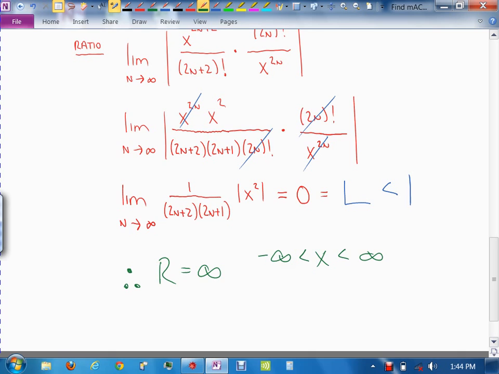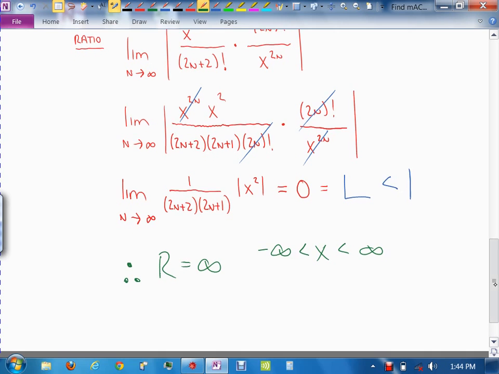Now, let's look at the example. Let me write down real quick here what we just got. We said cosine x equals 1 plus 1 over 2 factorial x squared plus 1 over 4 factorial x to the 4th plus 1 over 6 factorial x to the 6th plus dot, dot, dot forever, right?